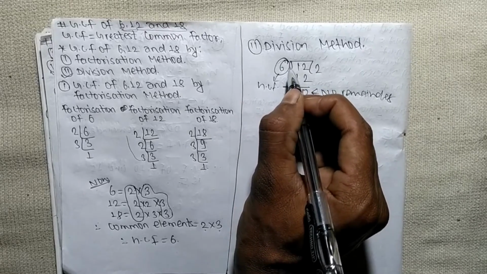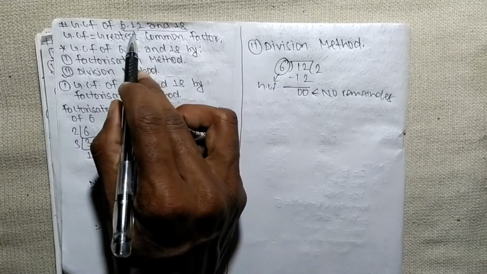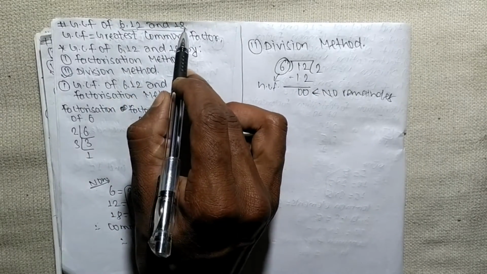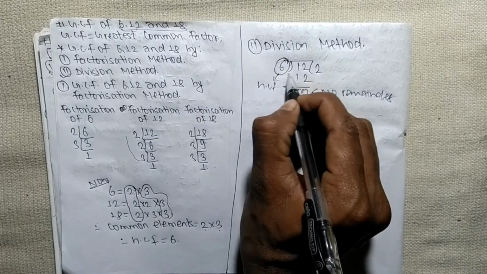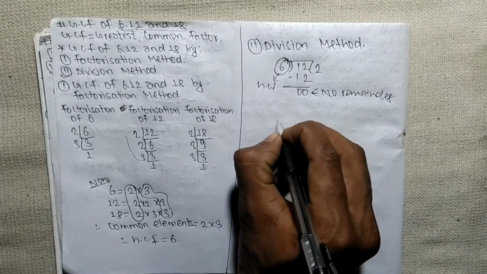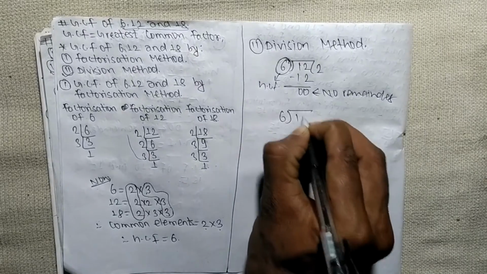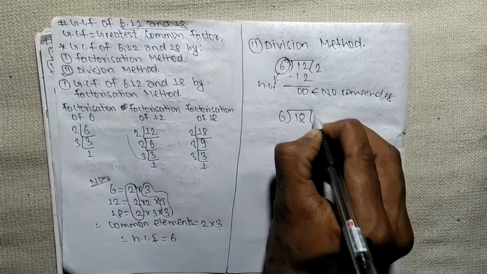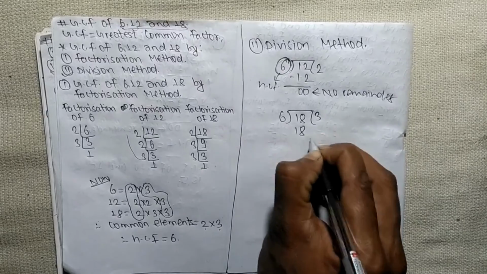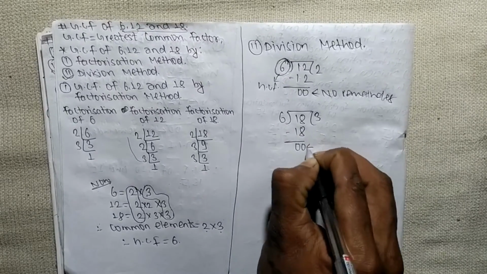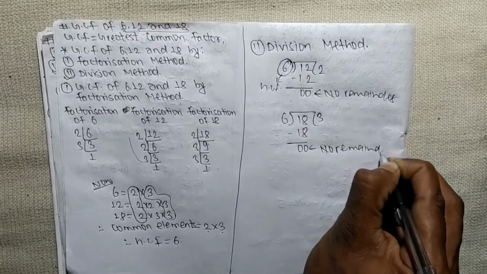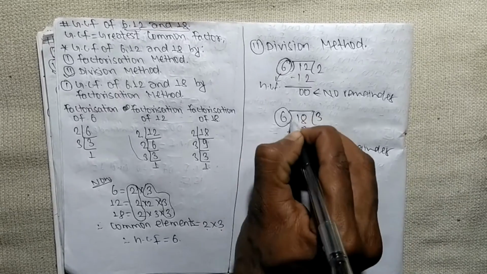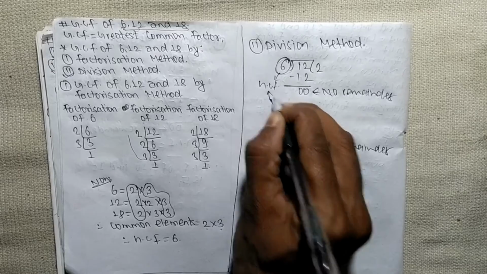But here we are finding the GCF of 3 numbers, 6, 12 and 18, and our another number is 18, so we have to again divide 18 by this 6. 6 divides 18, it is 6 times 3 means 18. So again there is no remainder at last. So it becomes the GCF.